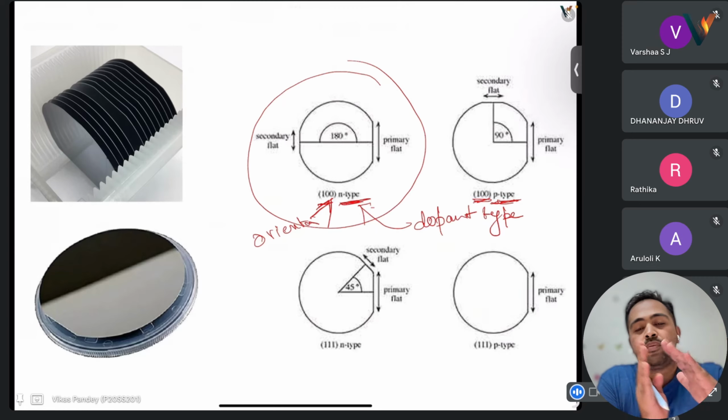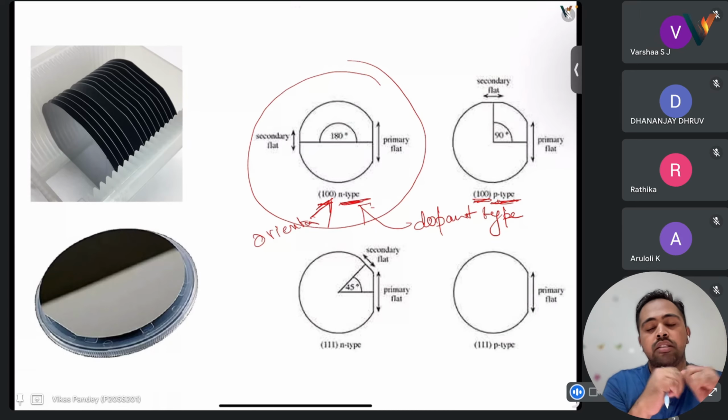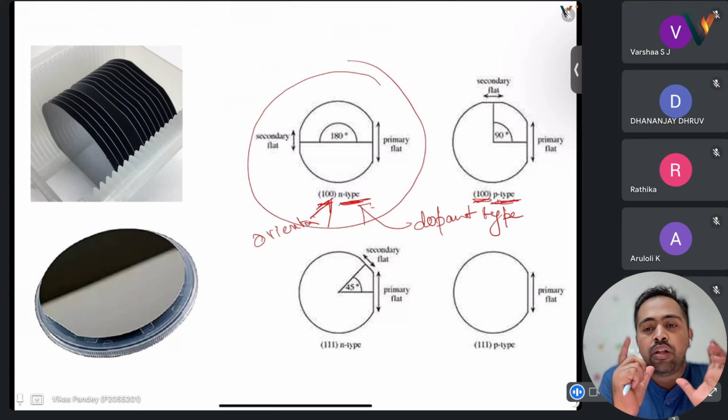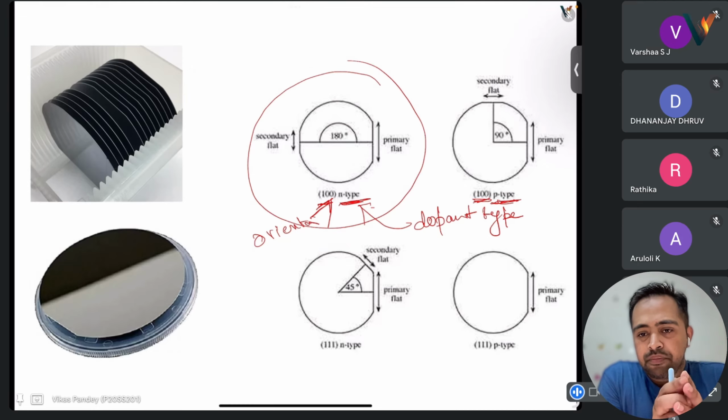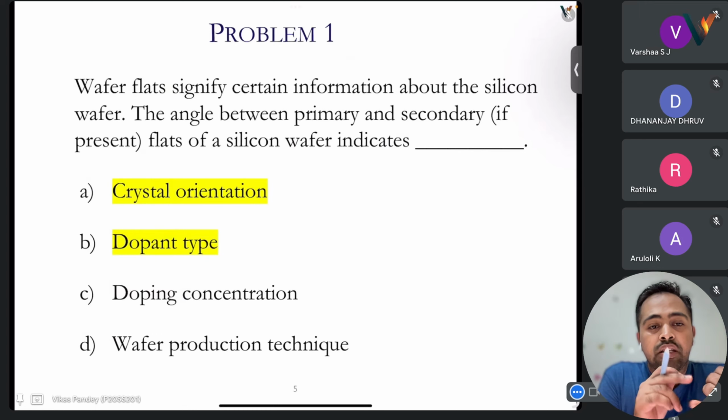Then if it is separated by 45 degrees, like one big flat and another flat just adjacent to each other, it is 111 N type. And if only one primary flat is there, that is simply 111 P type. So what information we got from here is crystal orientation and dopant type. Clear? Any doubts? I'm expecting one simple doubt here, if anyone is paying attention to it.